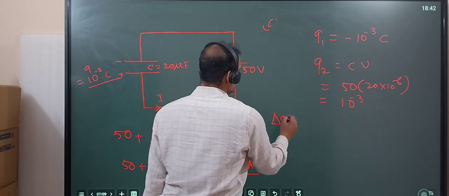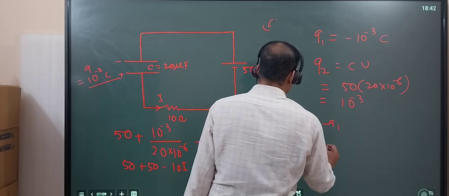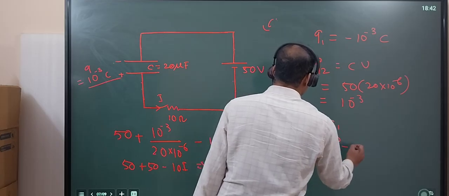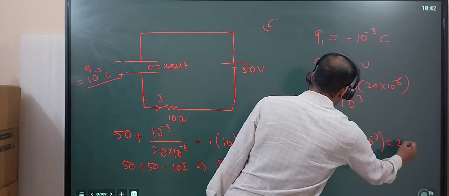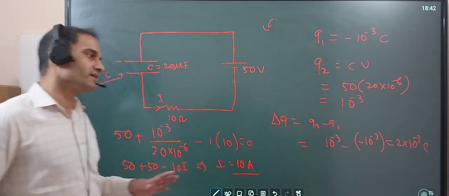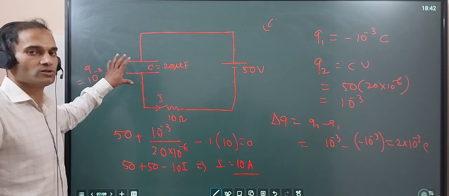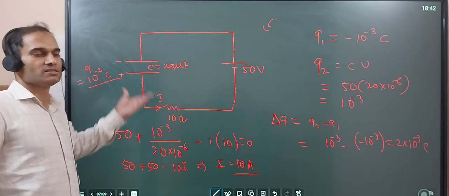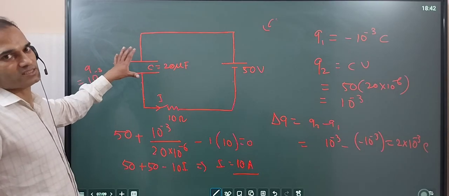So delta Q will be Q2 minus Q1, which is 10 to the power minus 3 minus 10 to the power minus 3. So this part is also correct. What happened here? Charge initially was 10 to the power minus 3 C, and charge finally is also 10 to the power minus 3 C.